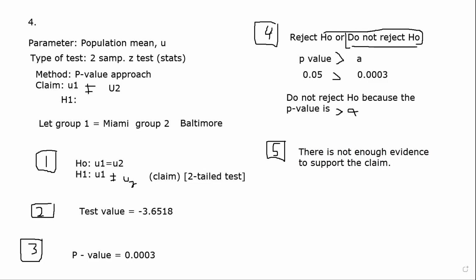And we're going to make sure we underline "not" and "support." There's not enough evidence to support the claim. Okay, that's number 4.